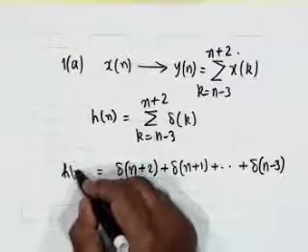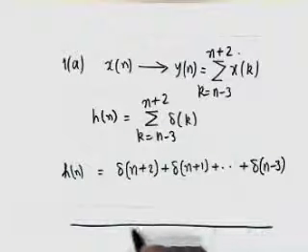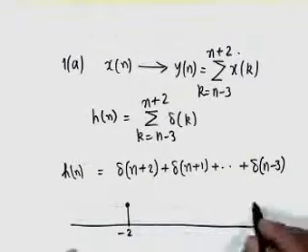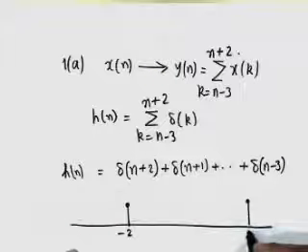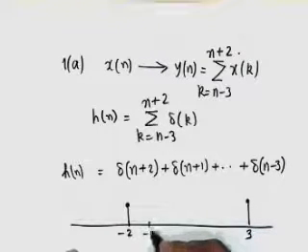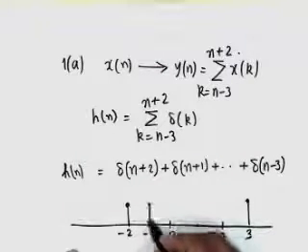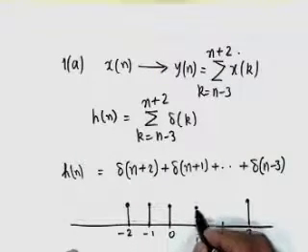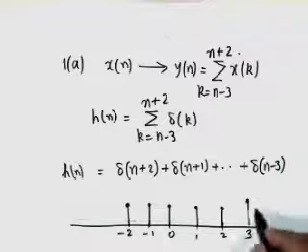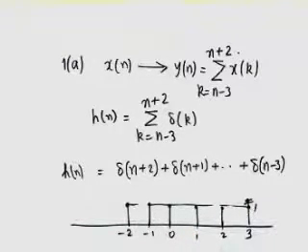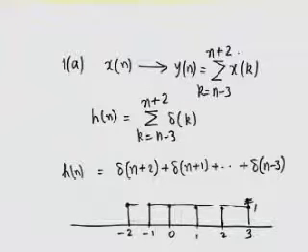This is h of n, and in terms of a picture, we start at minus 2 and go up to plus 3. So minus 2, minus 1, 0, 1, 2, 3, and each of them is 1. The level is 1. That's the answer. It doesn't require anything else. It's simply substitution of x of n by delta n.